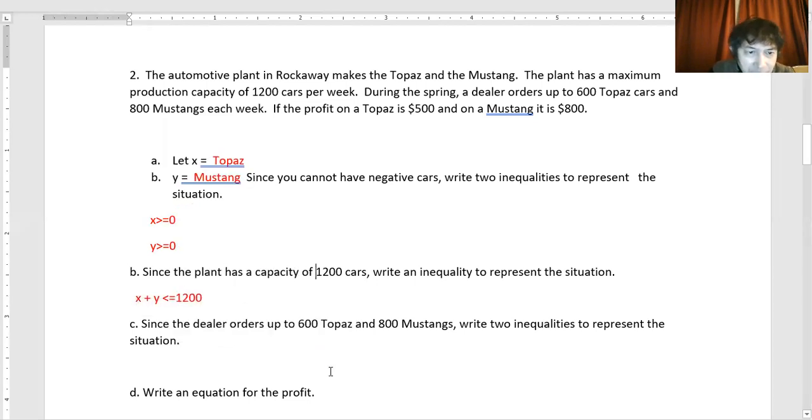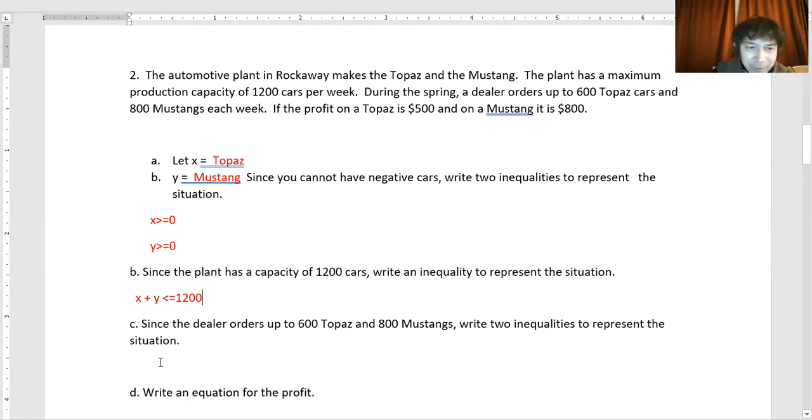And then letter C. Since the dealer orders up to 600 Topaz and 800 Mustangs, write two inequalities to represent the situation. The dealer orders up to 600. So that means it cannot exceed 600 for the Topaz, and it cannot exceed 800 for the Mustangs. So this will have to be 600 the maximum.